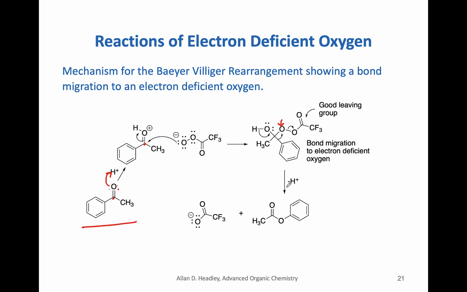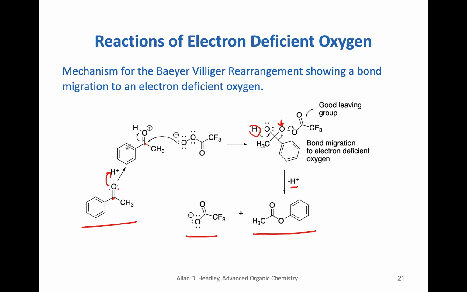After that, this hydrogen comes off, so we have here the ester that's formed, and of course we have here the leaving group that's formed here. So once again, this proton here leaves, and we have here the ester, where this group here migrates to the oxygen.